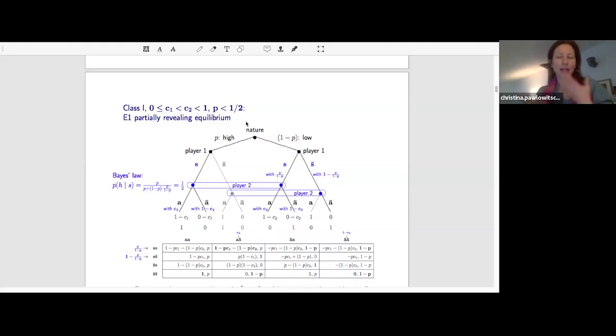And quite logically, we get one equilibrium, which we call the no signaling equilibrium, where none of player 1's types signals, nobody uses the signal, and player 2 does not accept. That's a no signaling equilibrium.